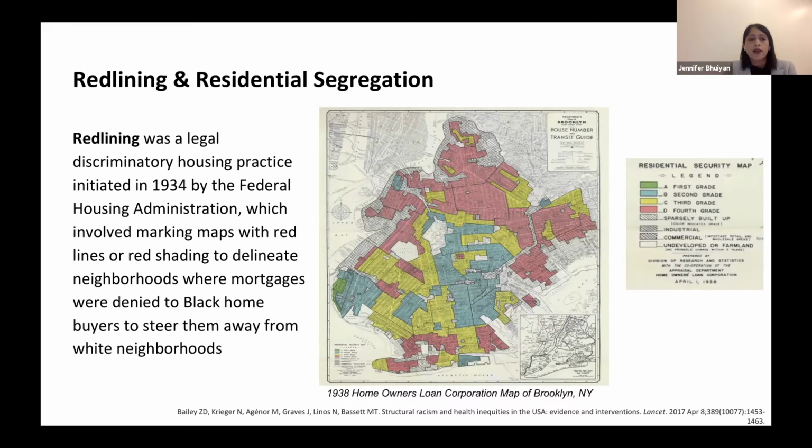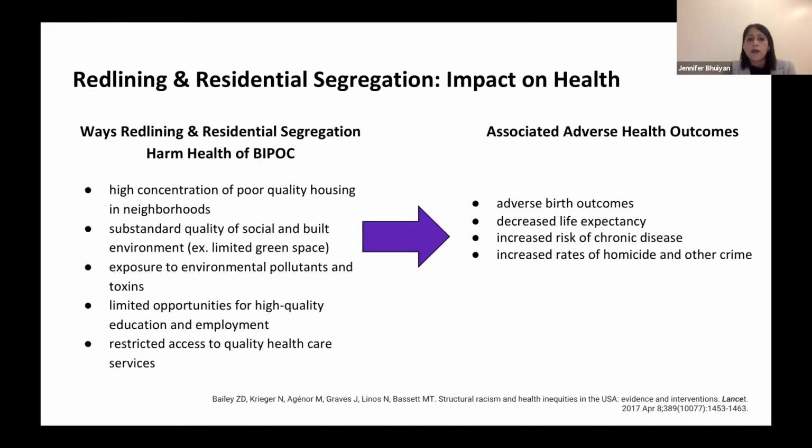Although redlining is no longer legal today, we do see how generations afterward were negatively impacted by this policy, by the subsequent racial residential segregation, as well as a general disinvestment in the communities of Black, Indigenous, and persons of color. And so I've listed here some pathways in which redlining and the subsequent residential segregation of these neighborhoods ended up causing adverse health outcomes.